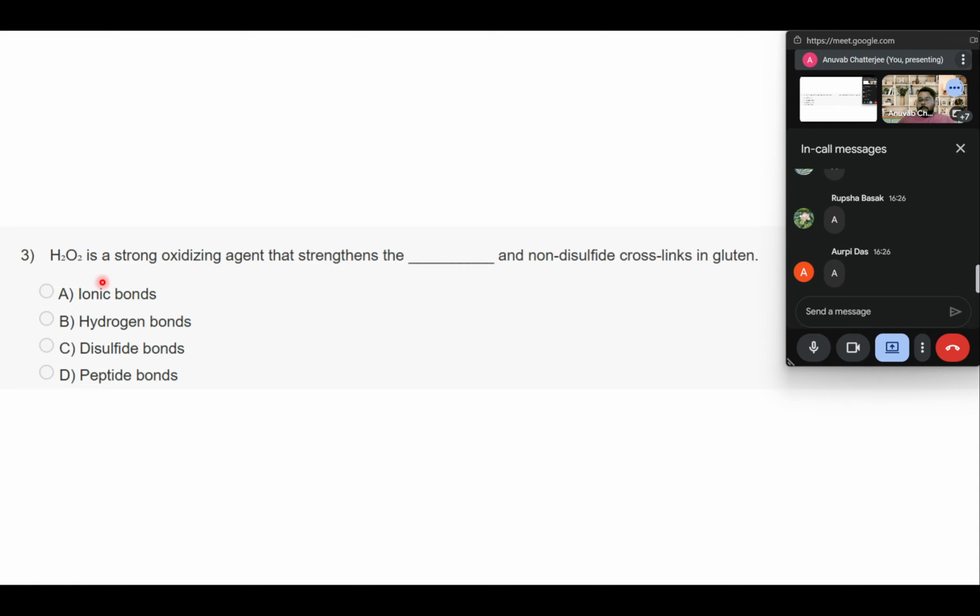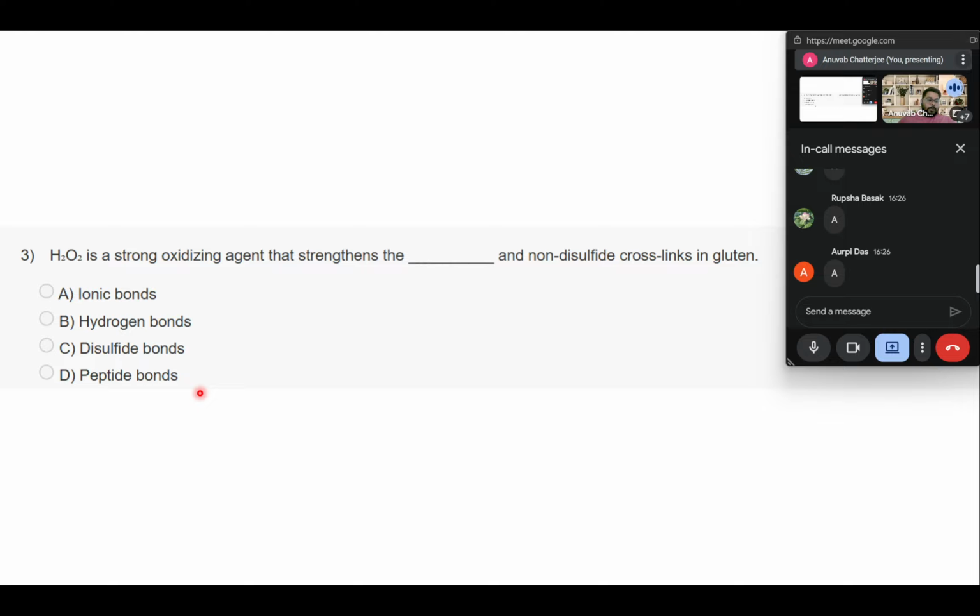Next, peroxide is a strong oxidizing agent that strengthens the blank and non-disulfide crosslinks in gluten. The options are ionic bonds, hydrogen bonds, disulfide bonds, or peptide bonds.